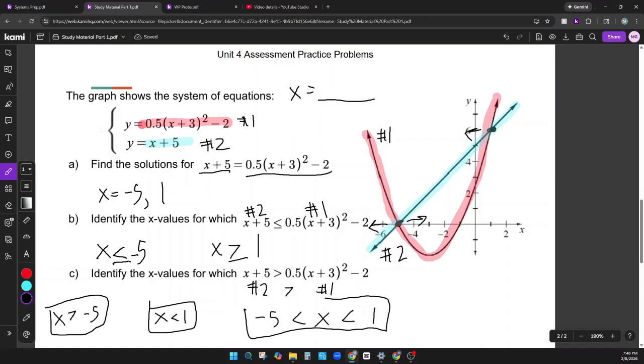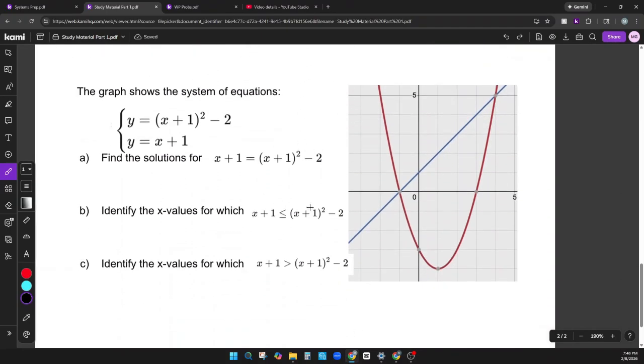And if you compare, these are saying the same thing. Saying -5 is less than x, and x is less than 1. So if you write either one of these, I would accept it as an answer, though this one is probably a little bit cleaner. So I would recommend you write this in interval notation. Okay?